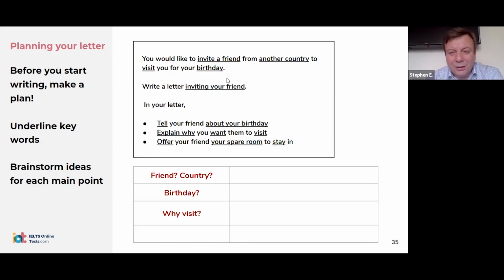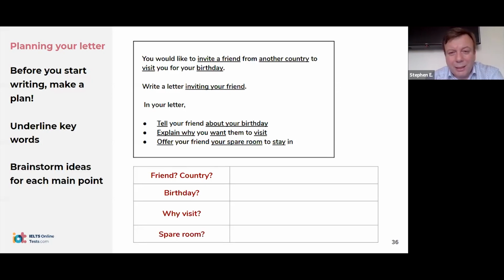Why visit? So why visit? Yeah, enjoy your time together. What else? To celebrate, yeah. Haven't seen them for a long time. Both of you are close, yeah. Old friends, catch up. Okay, good.